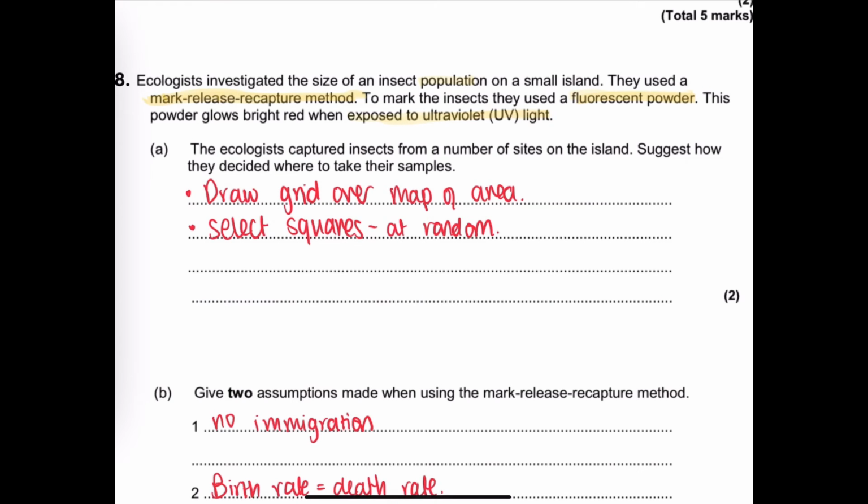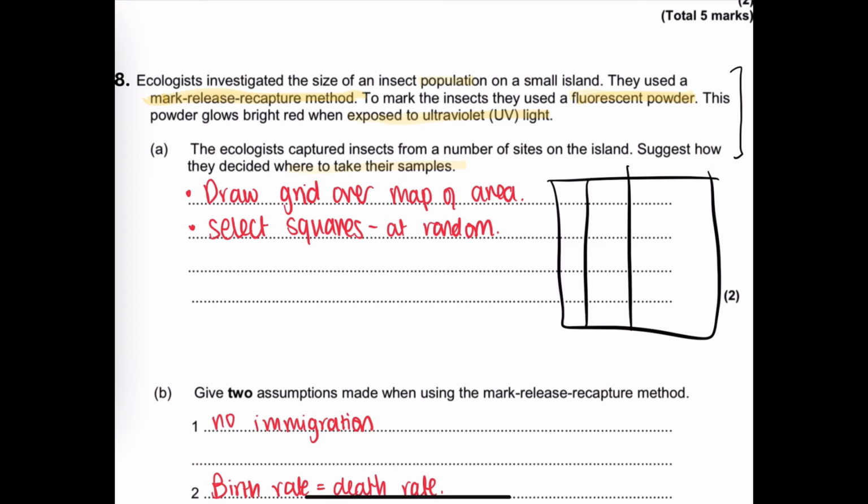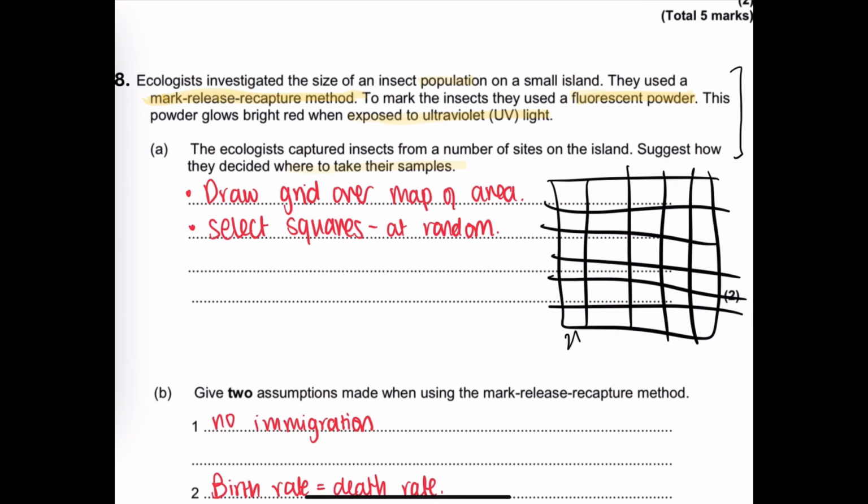A, the ecologists captured insects from a number of sites on the island. Suggest how they decided where to take their samples. It's always the same with these types of questions. It's a really nice topic because the answers are always repeated. Let's say this is the area that we want, you would draw a grid so that you split it into sections, and then you can name it 1, 2, 3, 4, 5.